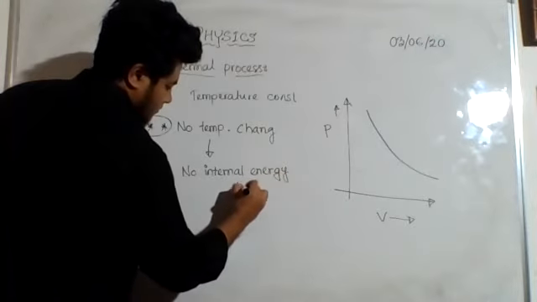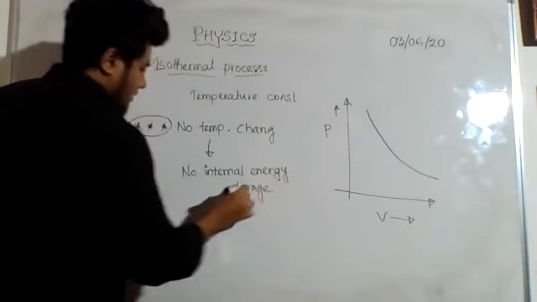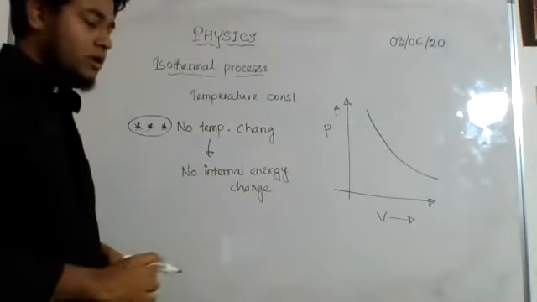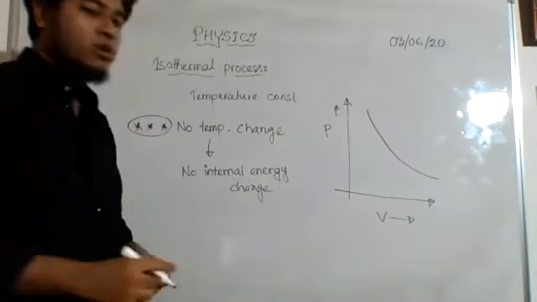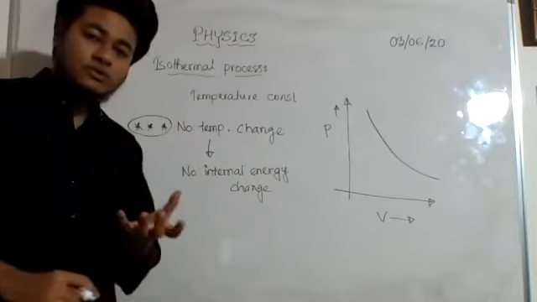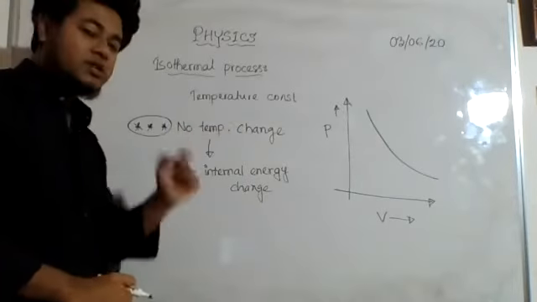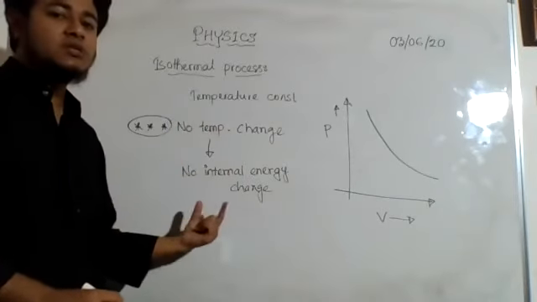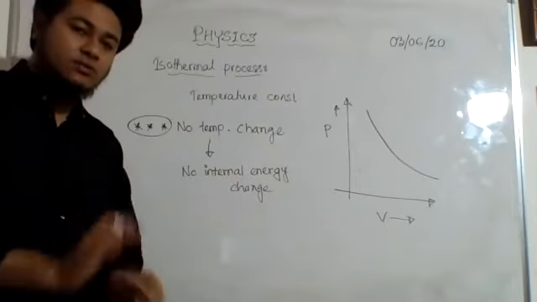This is very important. These things will help you a great deal in the examples. Whenever you see that the process is isothermal, there is no temperature change, so the internal energy will never change.